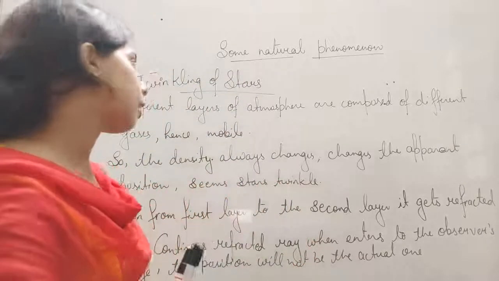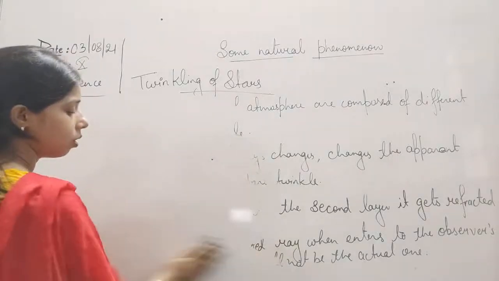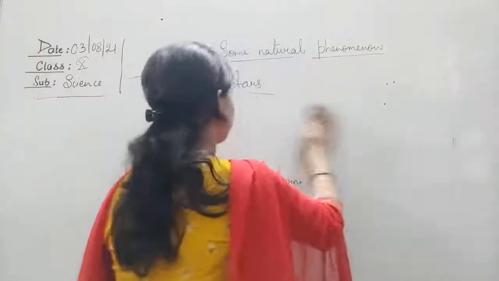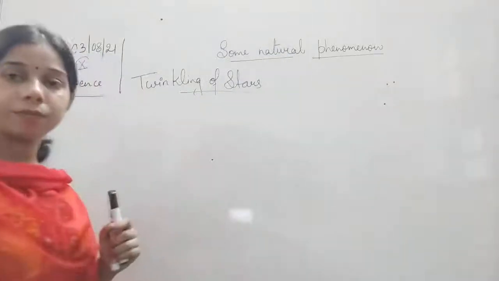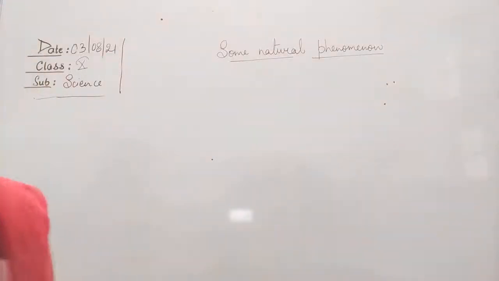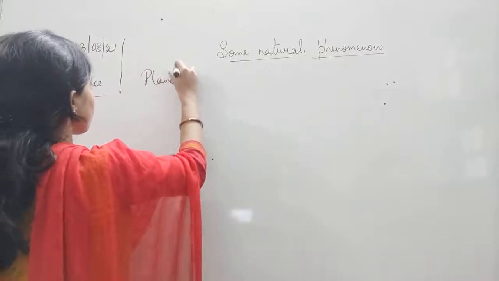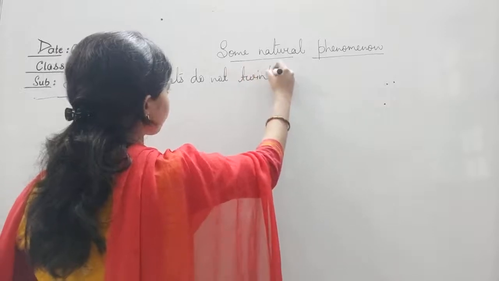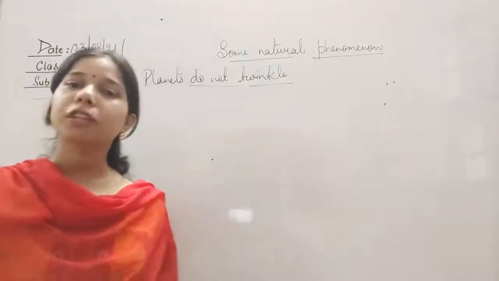The question always asks why do stars twinkle but planets do not, so you will write it. The planets do not twinkle because the planets are very close to the earth.